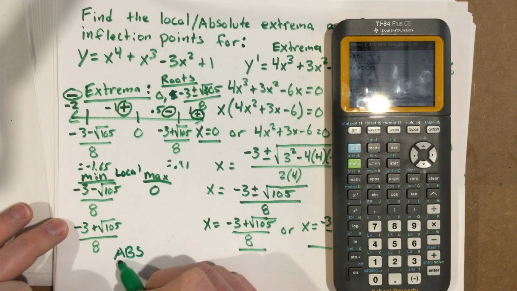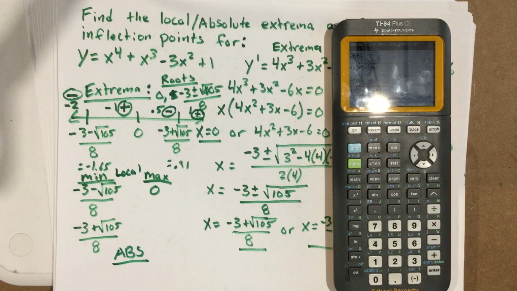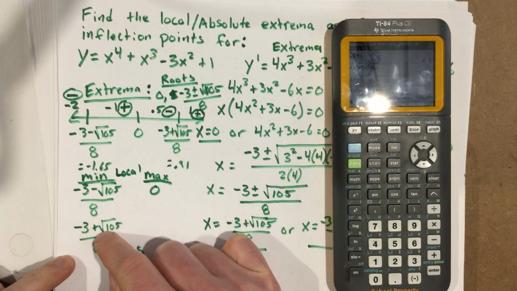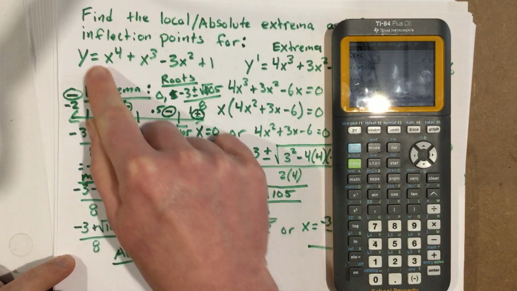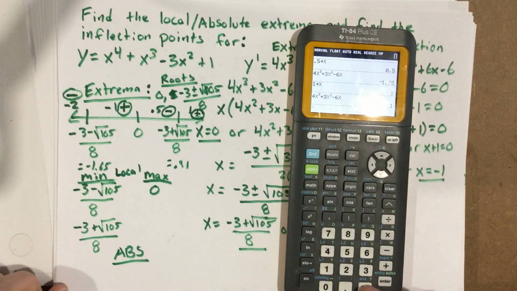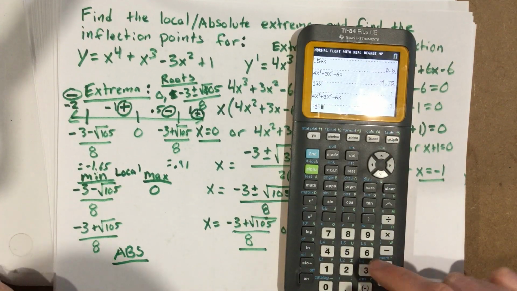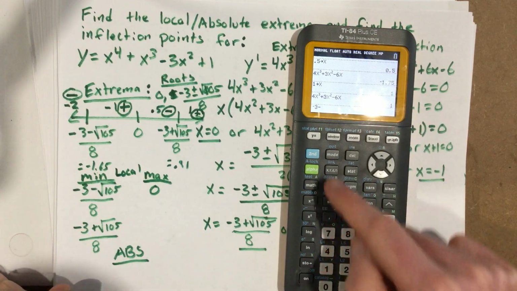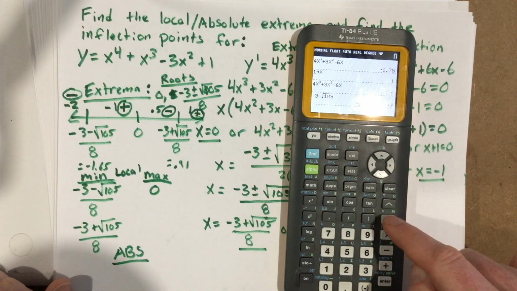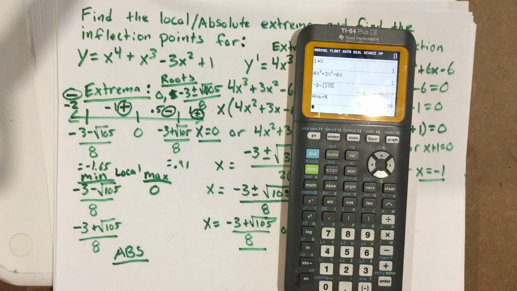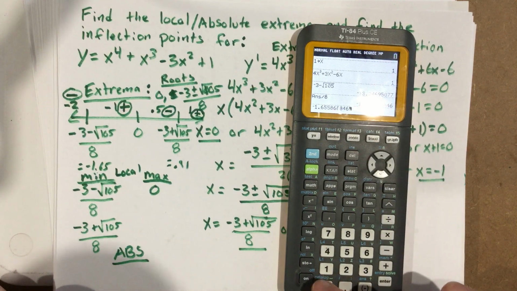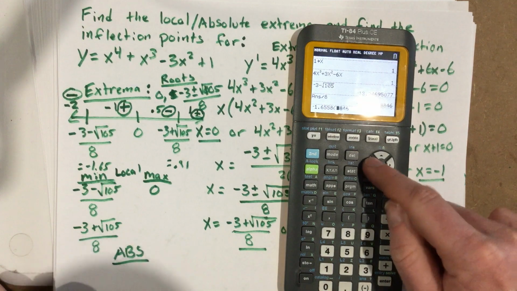How do I find the absolute? Well, I need to find which one has the lowest y value. So this one or this one is going to have a lower y value, and I figure that out by plugging into the original function. So let's go ahead and just plug in negative 3 minus root 105 divided by 8. And then I'm going to use a better button here.